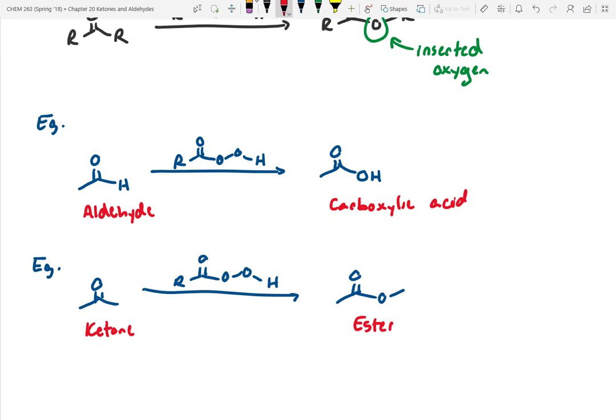In this situation, because the ketone's symmetric, it doesn't matter which side the oxygen gets inserted into because they're identical products. We're going to talk about what happens with unsymmetric ketones later. There's actually a trend that is helpful to memorize, but let's first cover the mechanism before we do that.